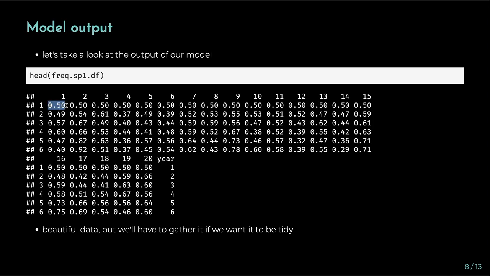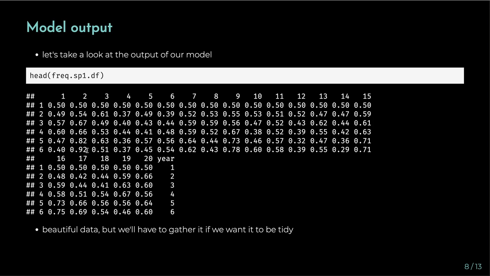So this one moves from 50 to 49 to 57 to 60 to 47 to 40, and so on and so forth. This one, number 2, the second community, actually goes on a pretty quick plunge, not looking good for species 2 here. It goes from 50 all the way to 92 within only 6 years.